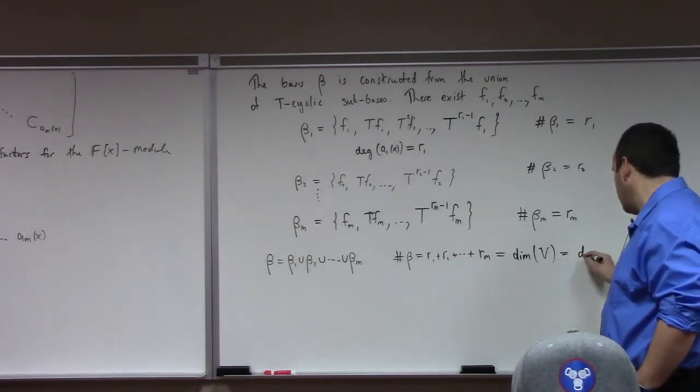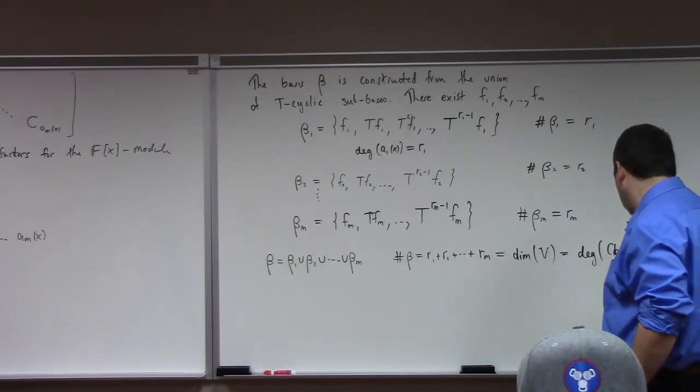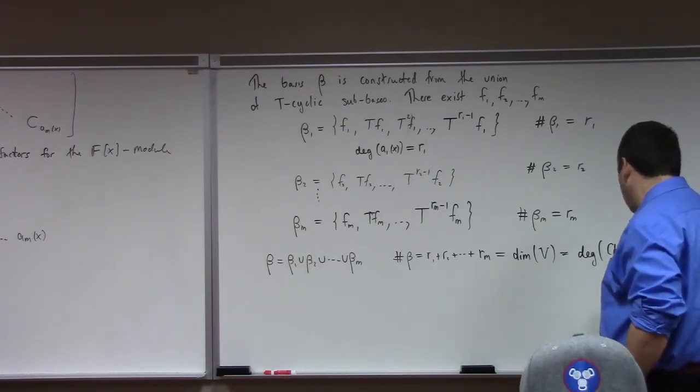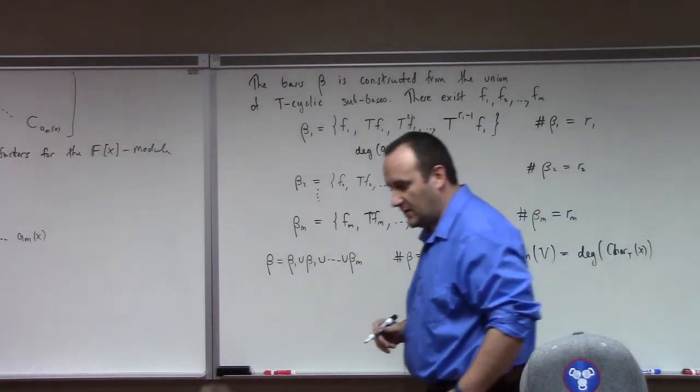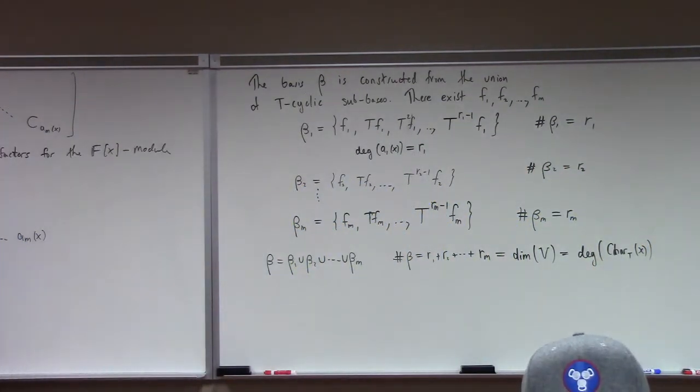It's also equal to the degree of the characteristic polynomial, right? You know this from your previous experience with eigenvectors and such. The degree of the characteristic polynomial is the dimension of the space you're working on, right? So I think at least things add up here.